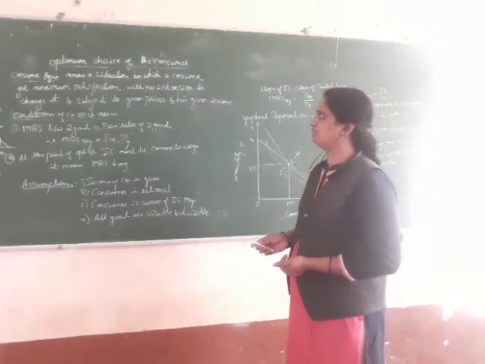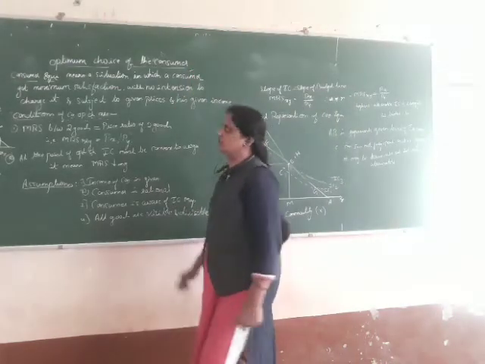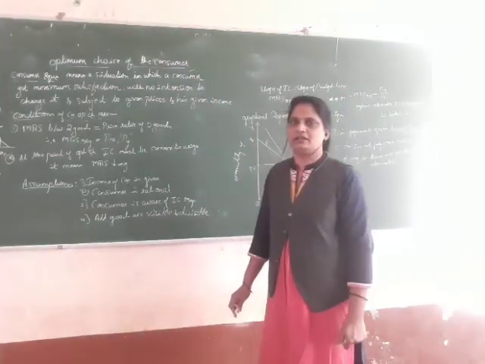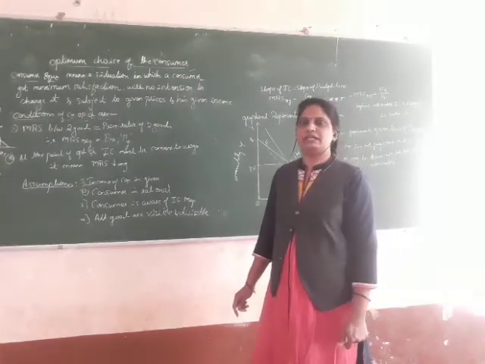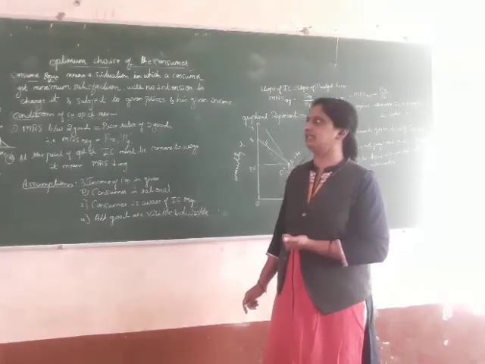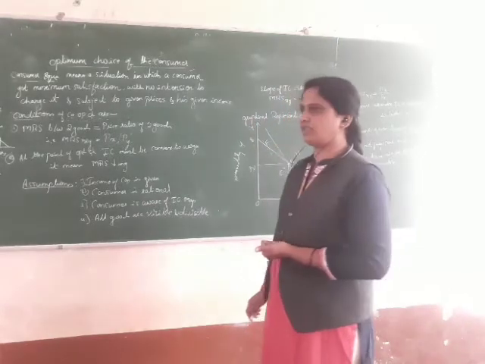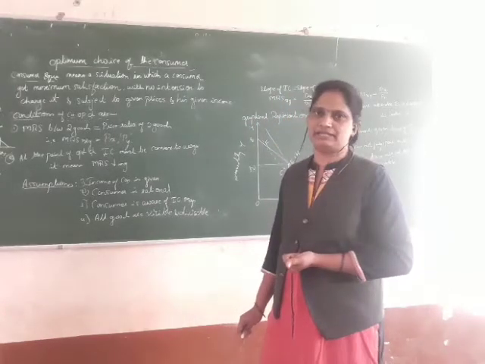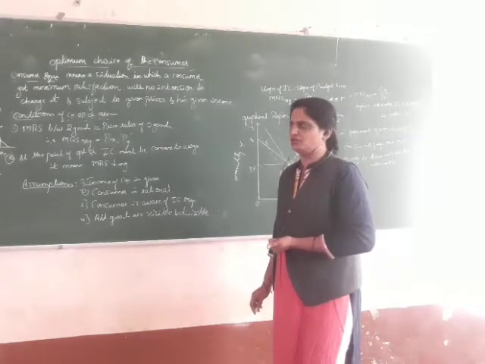Next, we'll move to the next topic, that is the optimum choice of the consumer. Here, in this optimum choice of the consumer, we want to find out the equilibrium point with the help of the budget line as well as the IC curve. Now, the question arises, what is meant by the consumer's equilibrium or the optimum choice of the consumer?